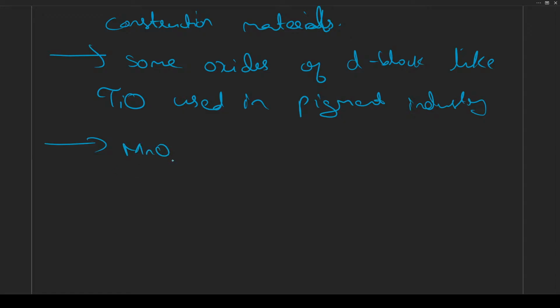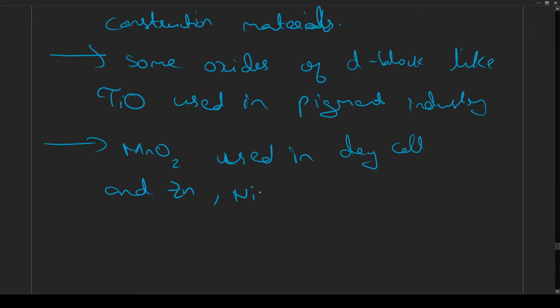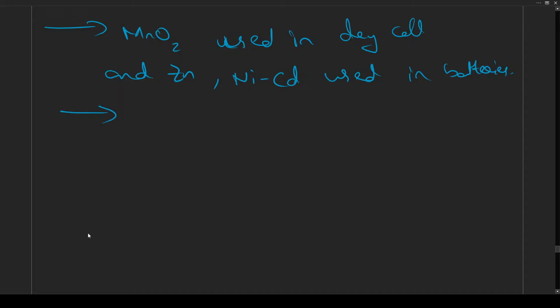MnO2 used in dry cell, that is like Leclanche cell, and zinc, nickel, cadmium used in batteries. This we'll see in electrochemistry.